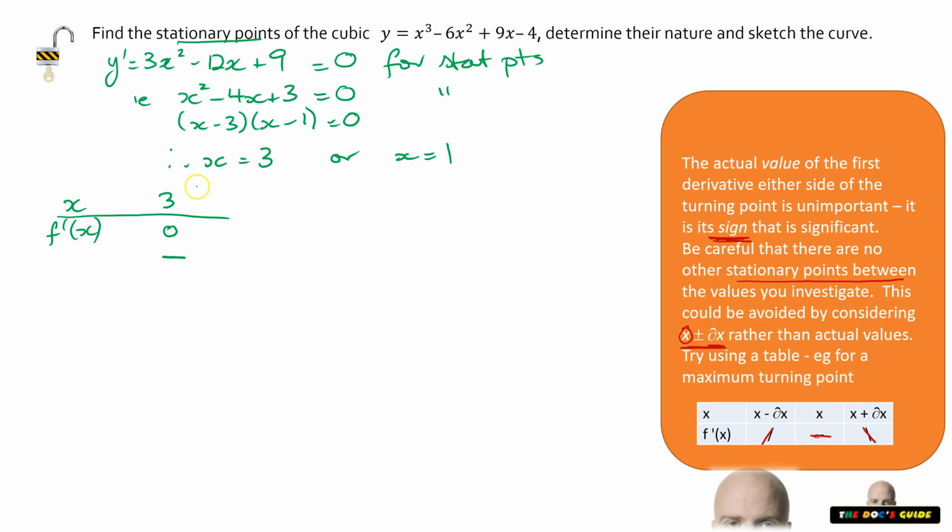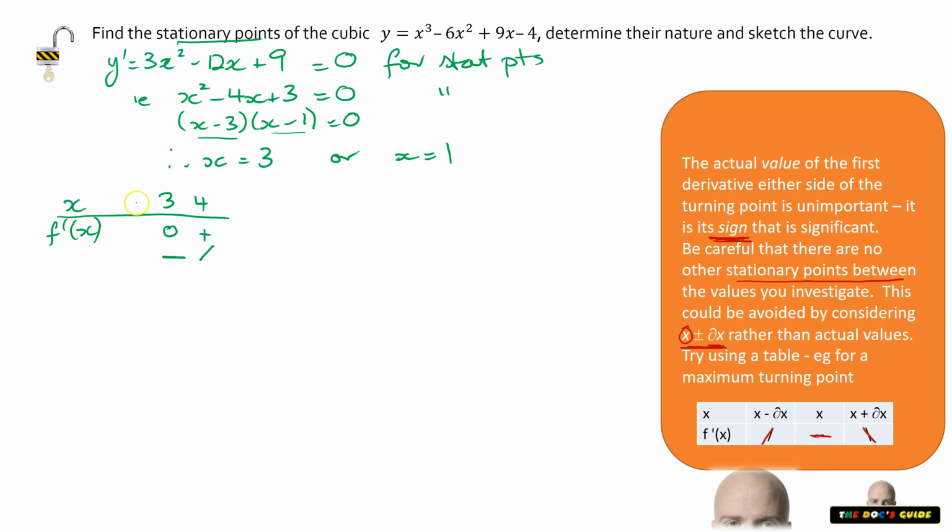Now if we go a little bit more than that, we might as well go 4, because we haven't got another point on that side. So when x equals 4, what happens? Well, this would be a positive quantity and this would be a positive. So here we're going to get a positive, which means that the slope will be like that.